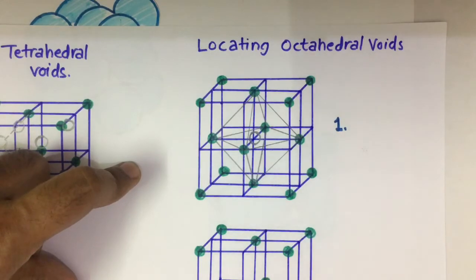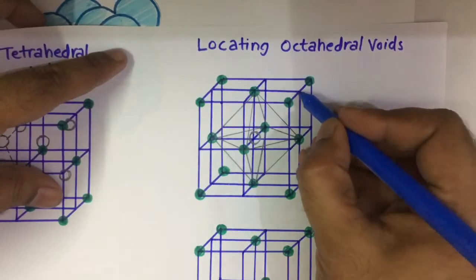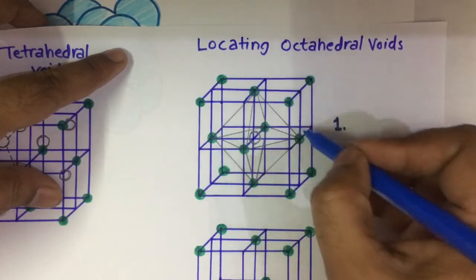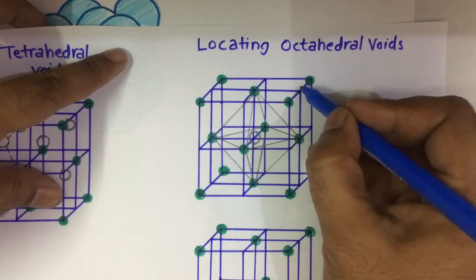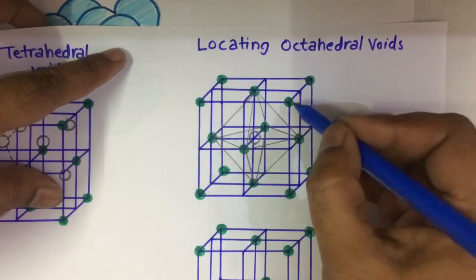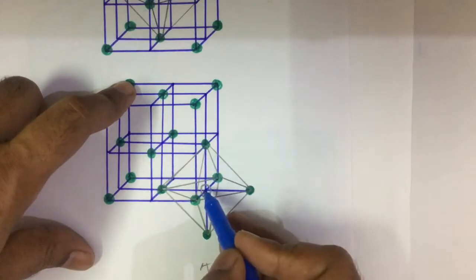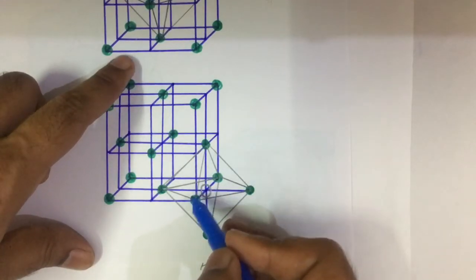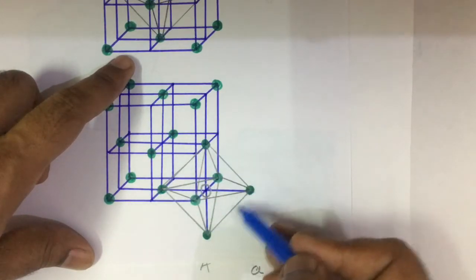Now if you look at the edges, at each edge there are 1, 2, 3 and 4. This vacant space is touched by these 4 spheres. Now if we extend this, I have extended this in this form. Now this is the edge, edges are vacant. This edge is surrounded by 1, 2, 3, 4 in this direction, and 5, 6.